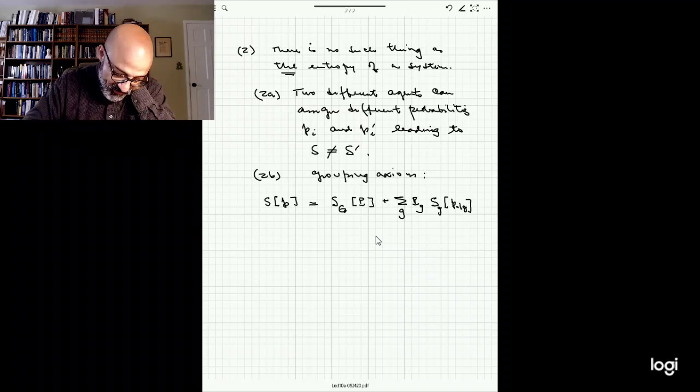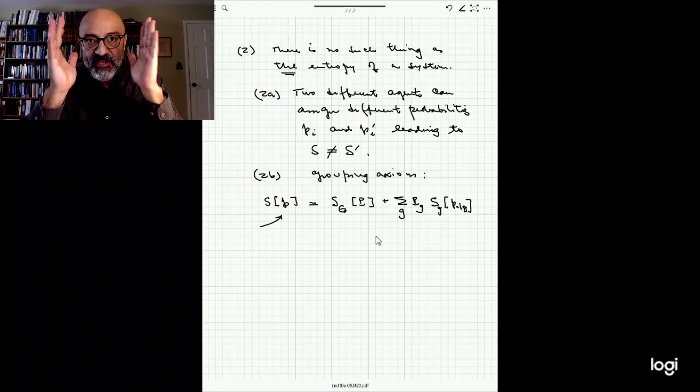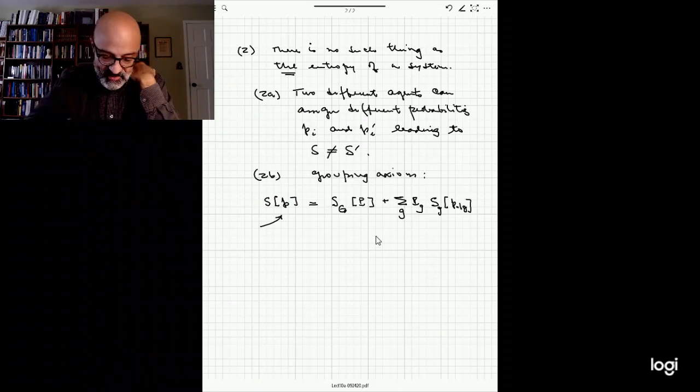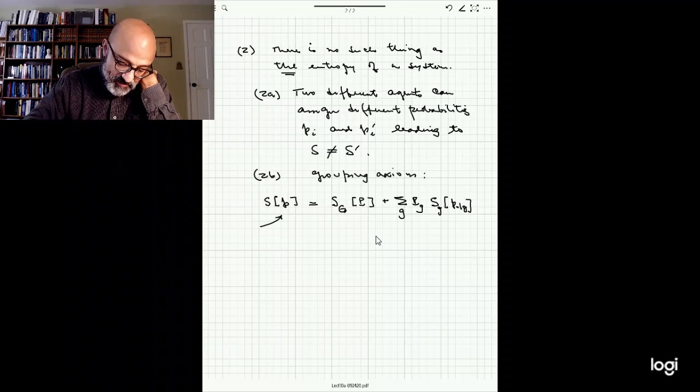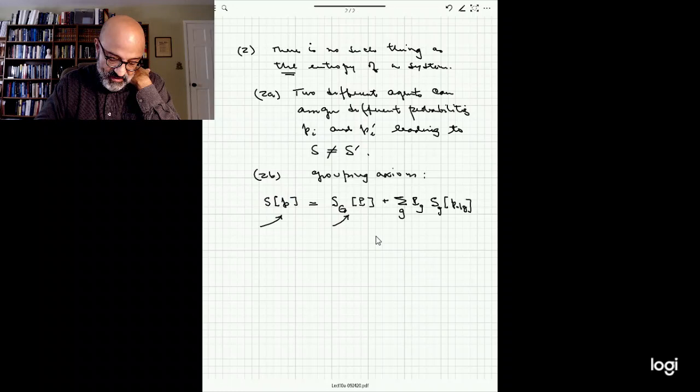Now notice the following. Here you have an entropy. What we want to argue is that there is no such thing as the entropy of the system. Now here we have one system that's being described with two different entropies. This entropy here tends to be a fine-grained description, a description in full glorious detail.